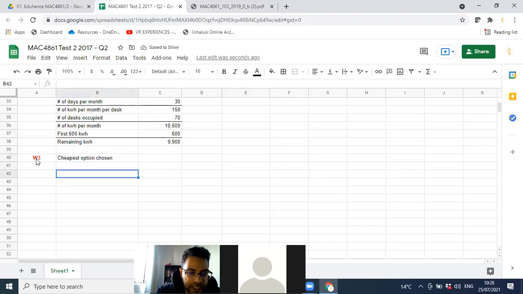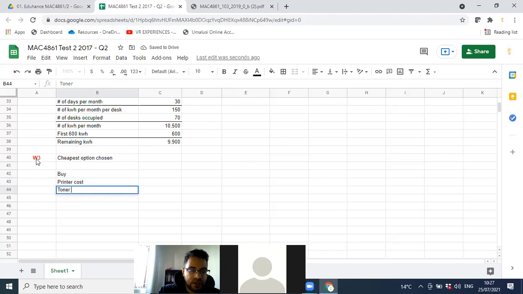So let's work out, for buy, if we buy, there's going to be printer costs and toner costs. Remember, the way I'm working it out, I'm working it out for a 2-month period, so just be aware of that. So this will be total cost 2 months.